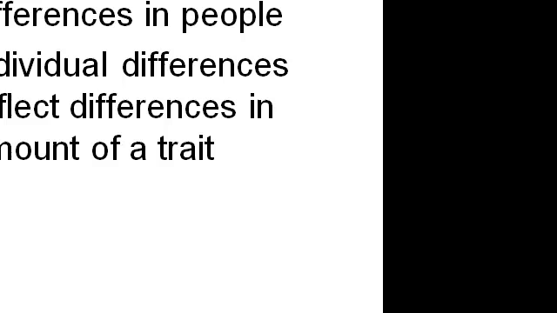Meanwhile, traits are dimensions. In other words, you can say how introverted or how extroverted somebody is, and you can compare. Joe is more extroverted than Jane, let's say, and so you can quantify how extroverted or introverted somebody is. So thus, types are qualitative, traits are quantitative.